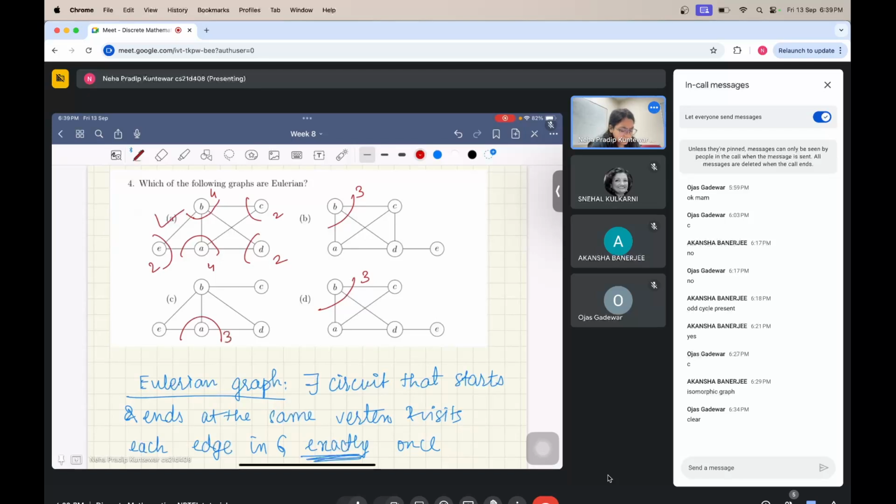Now, is any of you aware of these complexity classes called P and NP?